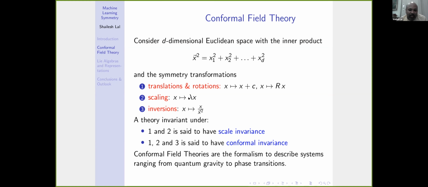If you have translation and rotation, then the theory is said to have scale invariance. And if you have this additional invariance under inversion, then the theory is said to have conformal invariance. Although this looks very bizarre, as we well know, conformal field theories are actually ubiquitous because they are the formalism to describe systems ranging from quantum gravity to phase transitions.